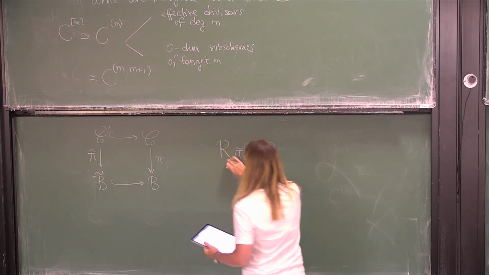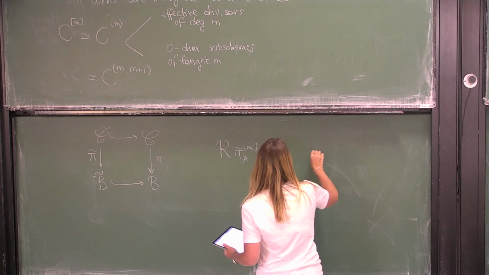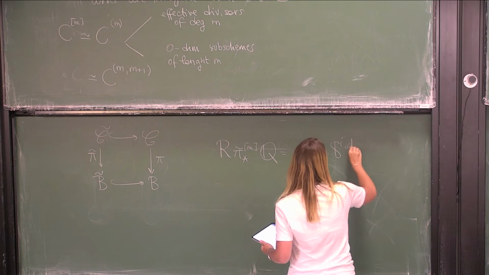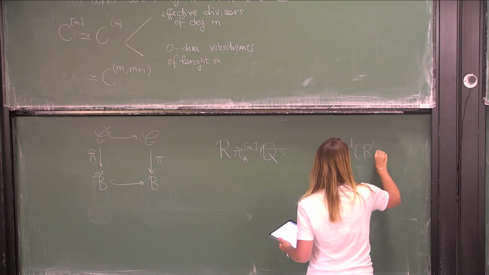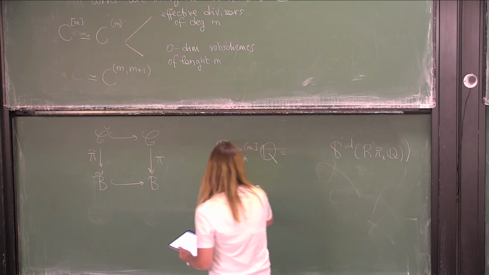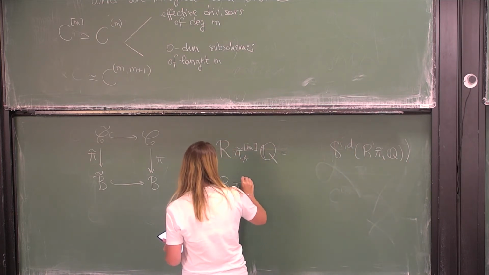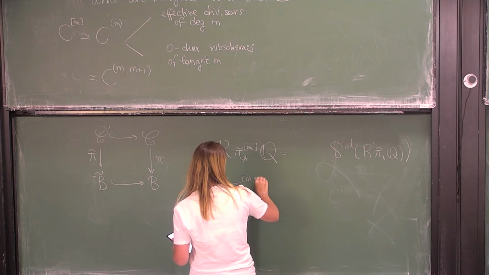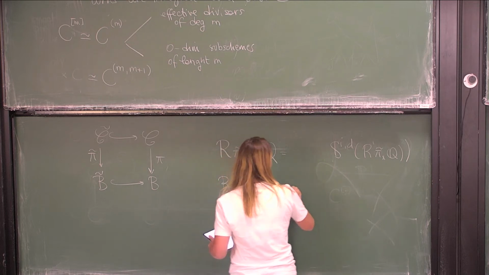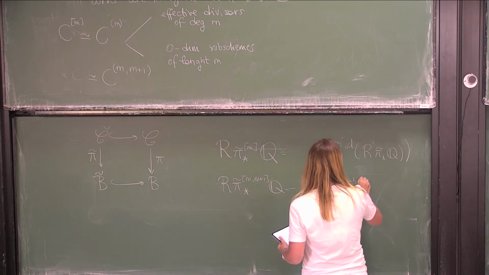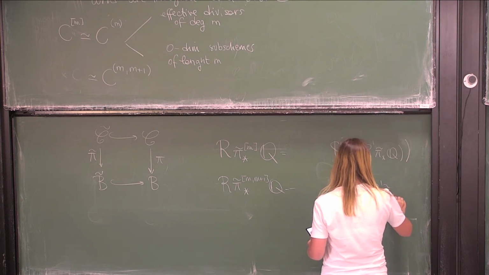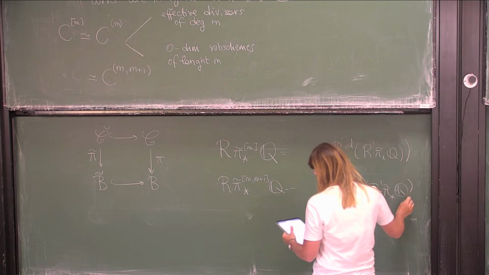So we will have that R pi tilde star Q is actually equal to Sym of R1 pi tilde star Q. And for the nested case, we will have the same, but we will have to change the linear algebra operation that we apply.